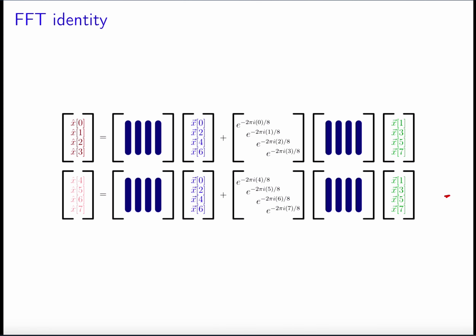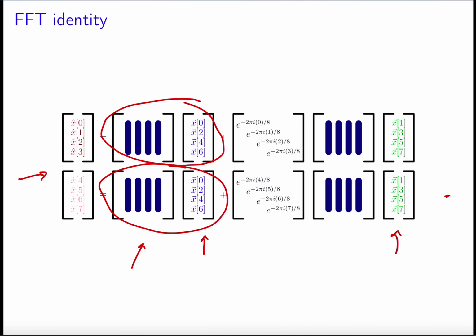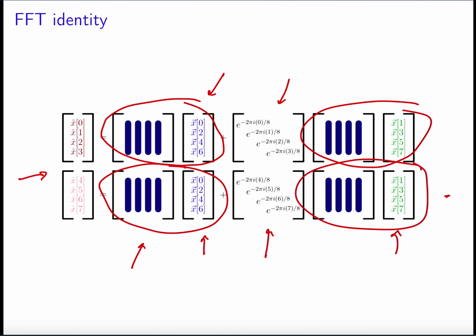We have that the DFT coefficients can be computed from the entries of x by taking the product of an n-half times n-half DFT matrix times the even entries. Notice that these two are exactly the same vector. Then you take the n-half times n-half DFT matrix of the odd entries, and these two are again exactly the same. You have to weight the odd entries by certain numbers, and then you add everything together.